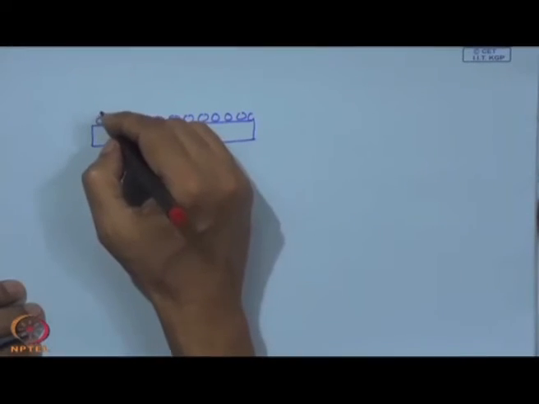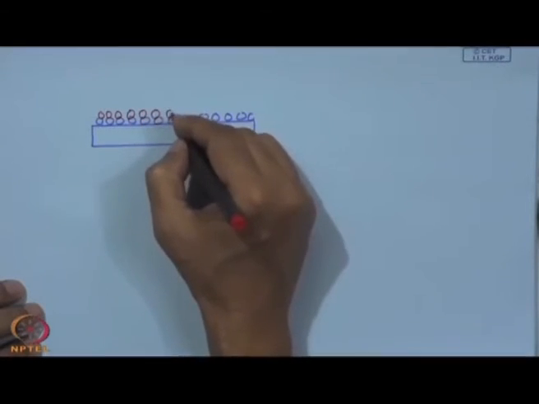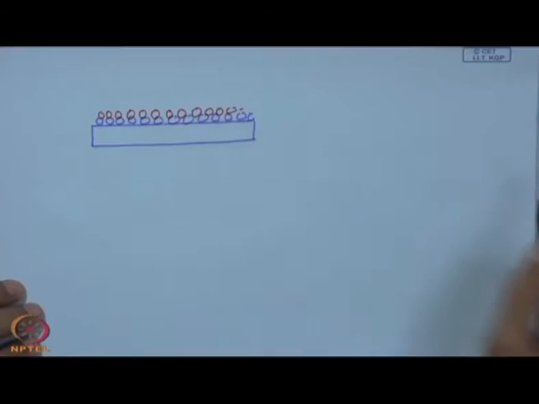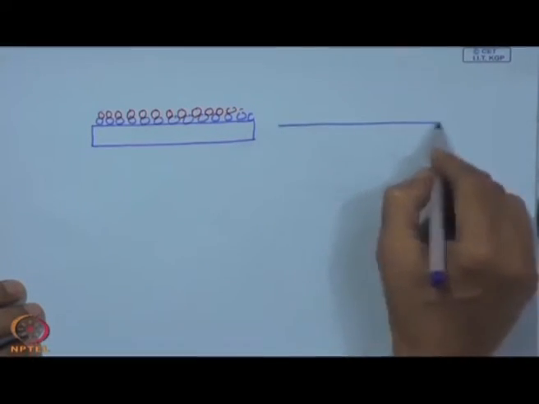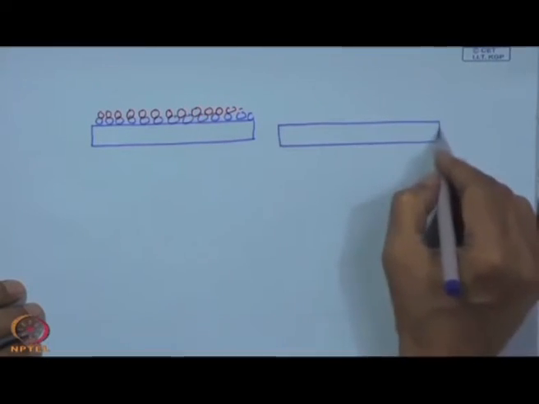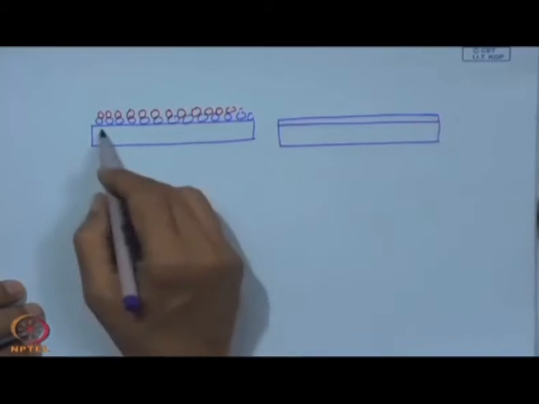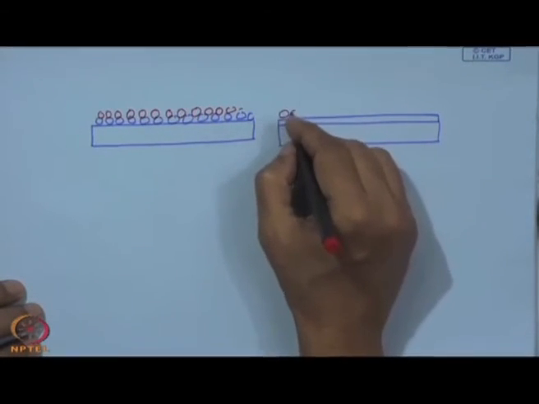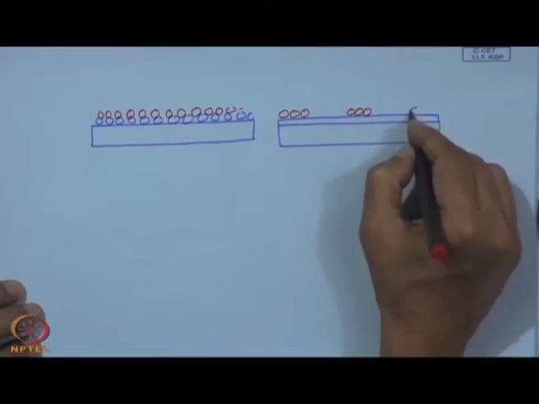It is layer by layer growth, and it can also be in discrete positions. It can be so that we have a continuous first layer of atoms, which we have shown here, and over this we have a little bit here, a little bit here too, that is also possible.